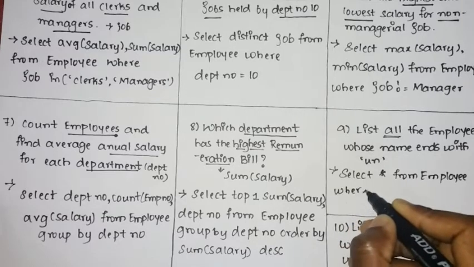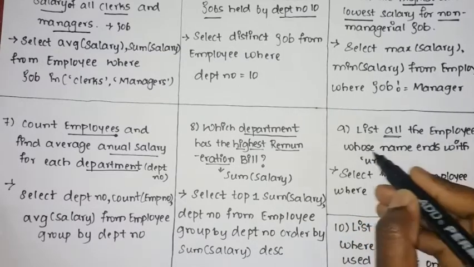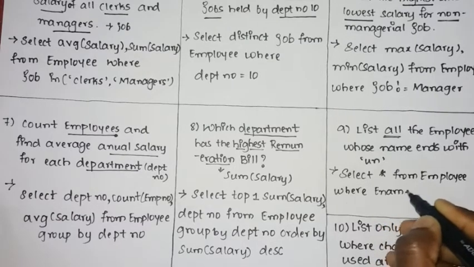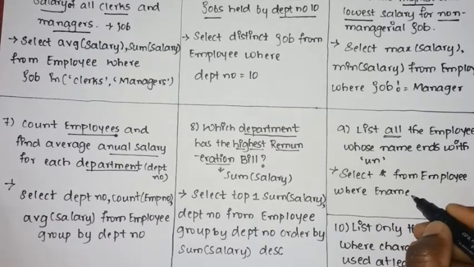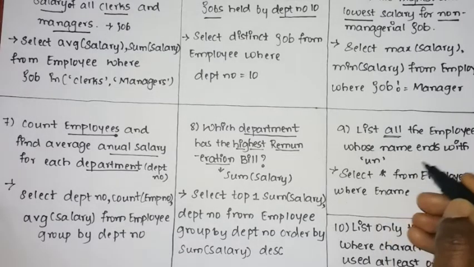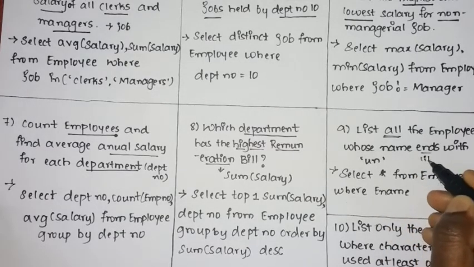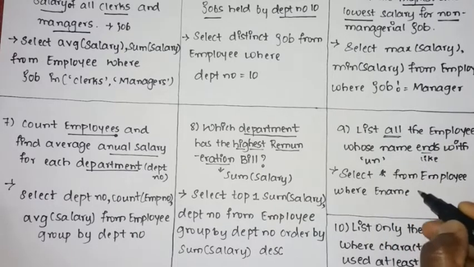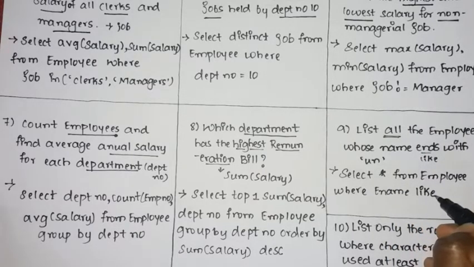So where the employee's name, that is ename in short, ends with UN. Ends with UN means it should end with UN. For that we have a keyword, that is like.